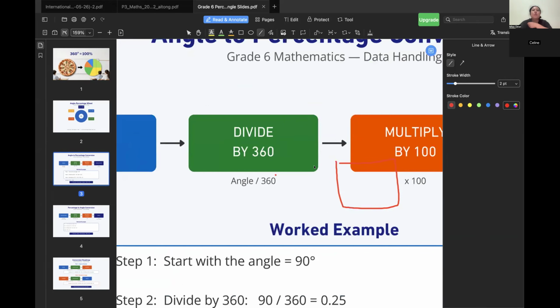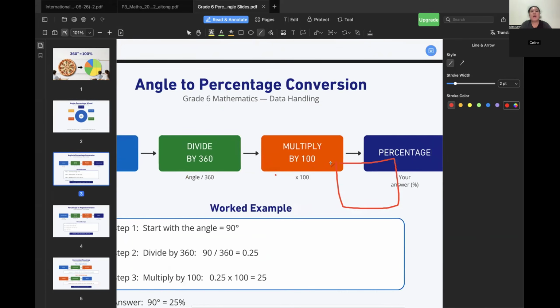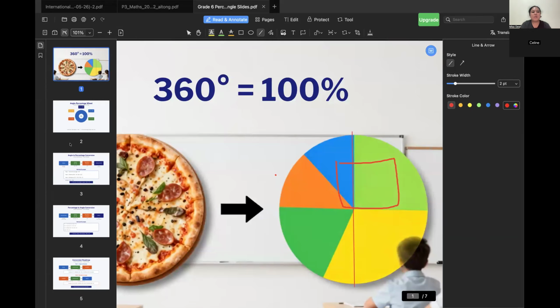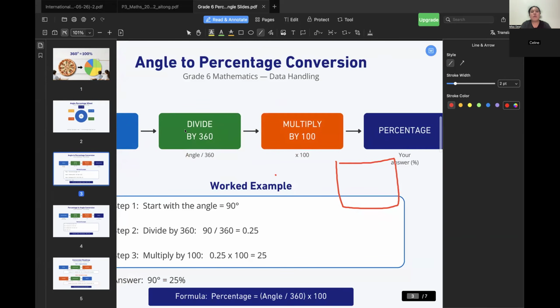After that, to know how many percent, you need to divide it by the whole circle, which is 360 degrees. Then you can multiply it by 100 because it's the percentage. Whole percent is 100%. 360 degrees or the whole circle is the same as 100%. So this is the principle. After you divide by 360, you multiply by 100.